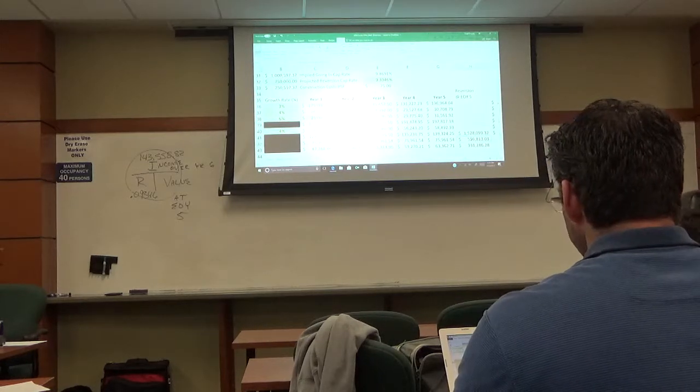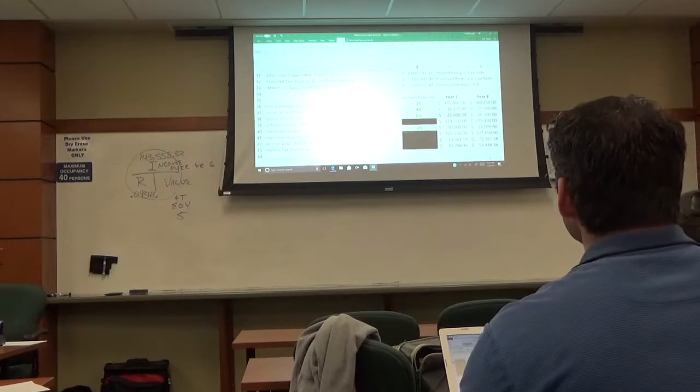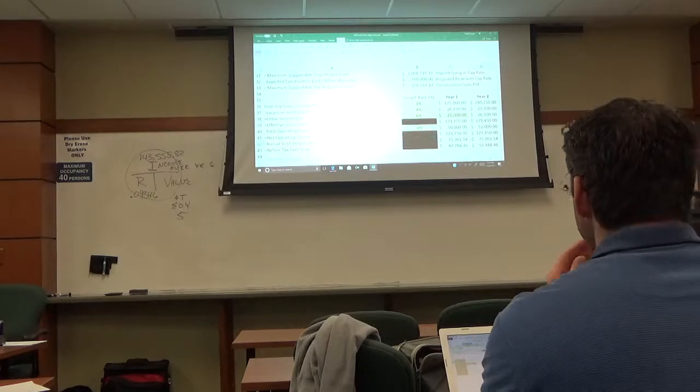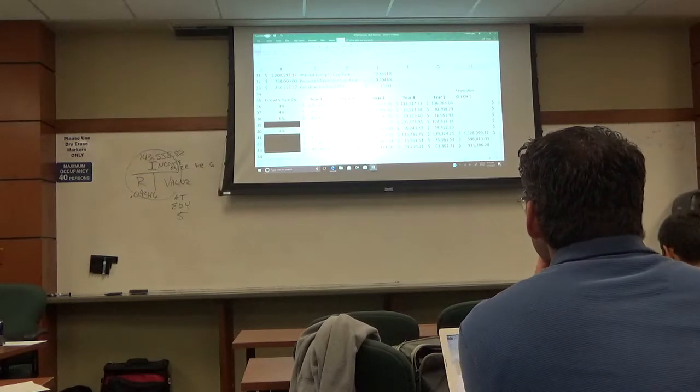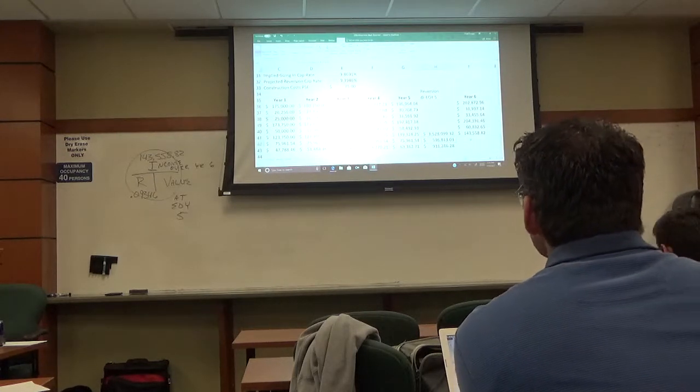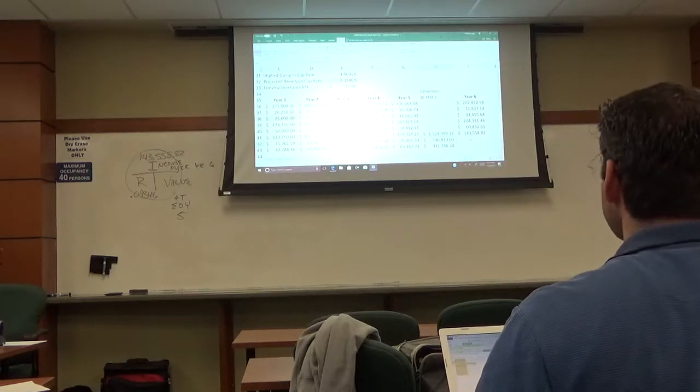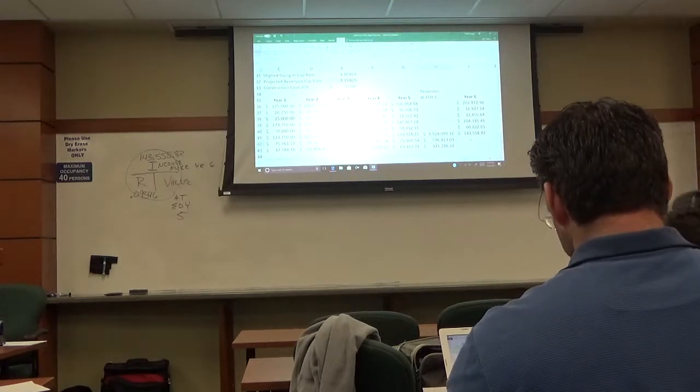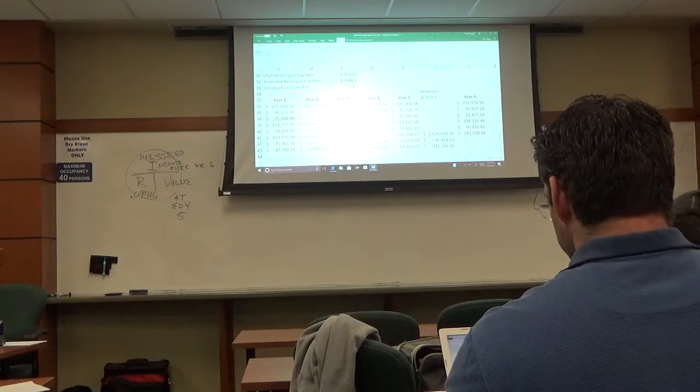All right? Now, the cell right below it, for the annual debt service. What we're doing here is figuring out what our loan balance is at the end of 5 years that we have to pay off, what I was just talking about earlier.